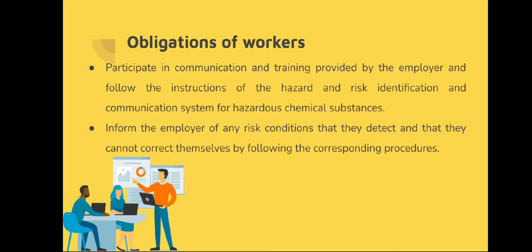As we have seen here, as the obligation of the employers is to communicate the hazardous substances to their employees, it's the obligation of the workers to follow these rules or these signals. And another one is to inform the employer of any risk conditions that they detect and that they can't correct themselves by following the corresponding procedures as they learned in the training.